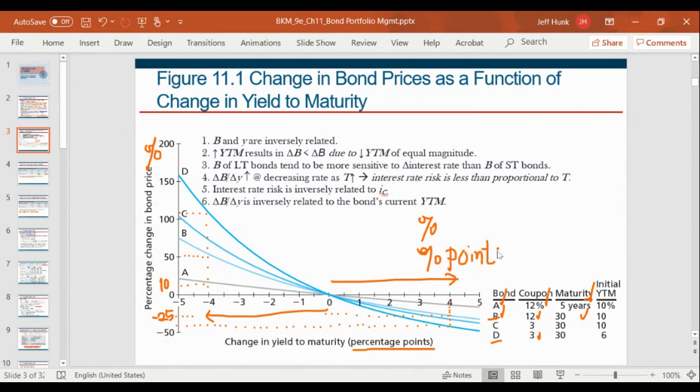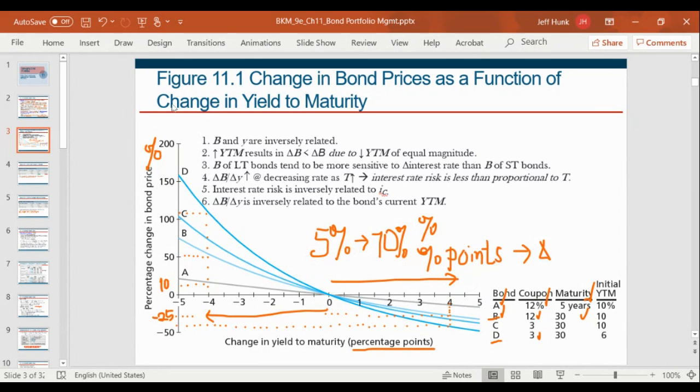How much is the difference? I mean, if interest rate went up from 5% to 10%, how much did it change in percentage points?